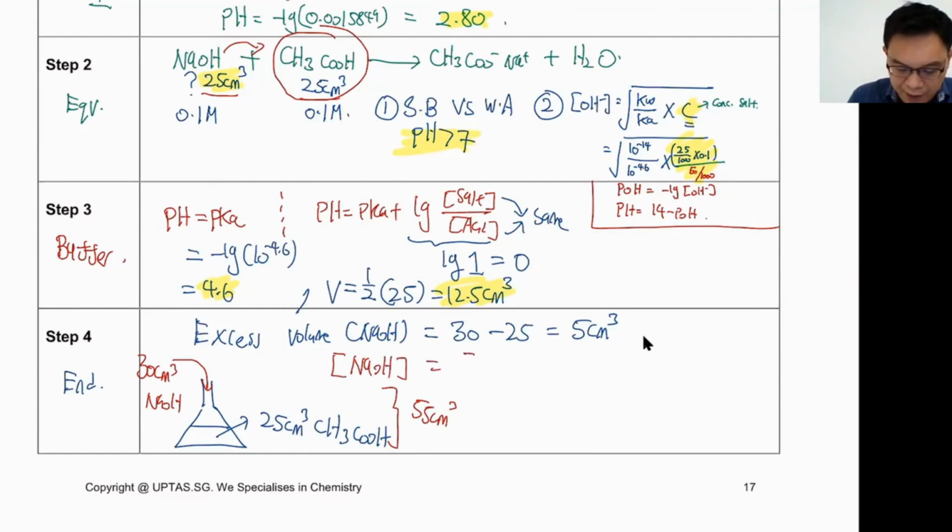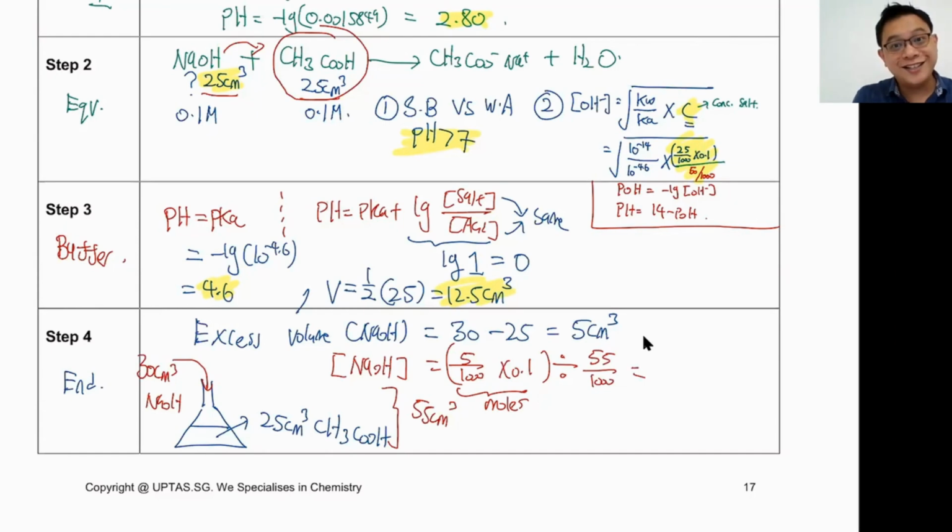So I take 5 over 1000 times 0.1. This will tell me the moles of your NaOH, that is the excess amount. This is only the moles, but it's not sufficient. I need to divide it by the total volume. Total volume is how much? 55.